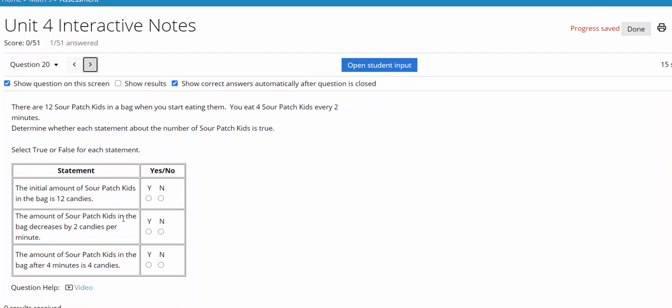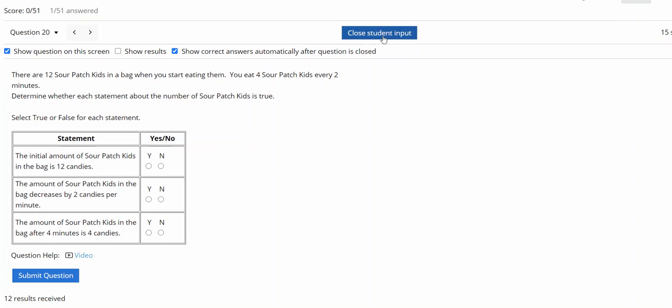The second is: the amount of Sour Patch Kids in the bag decreases by 2 candies per minute. And then: the amount of Sour Patch Kids in the bag after 4 minutes is 4 candies. All right, I'm going to pause here and let you guys answer yes or no to these, and then we'll go through it. All right, let's see how you did.